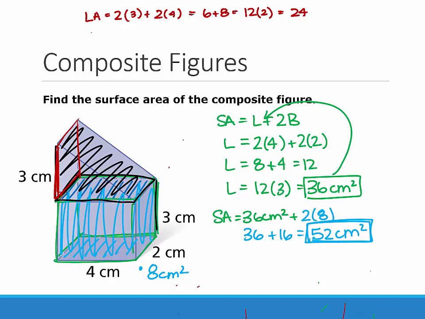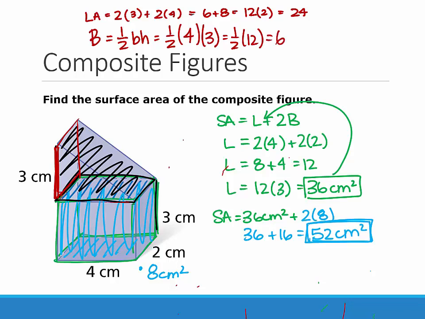And now the base is a triangle, so we got to remember 1/2 base times height. So 1/2 of our base, which is 4, times our height, which is 3. This gives us 1/2 of 12, or 6. And remember, we have 2 of these bases.